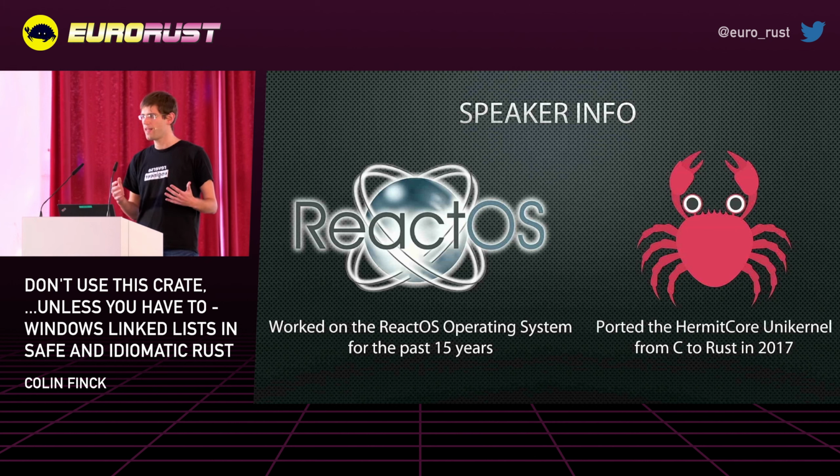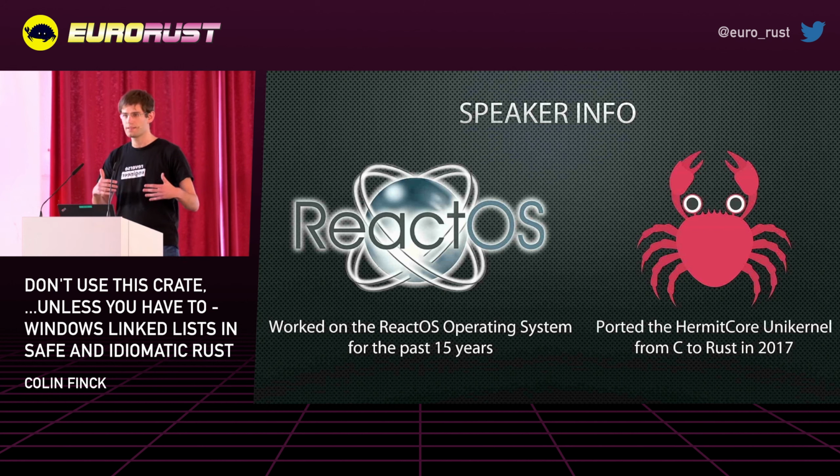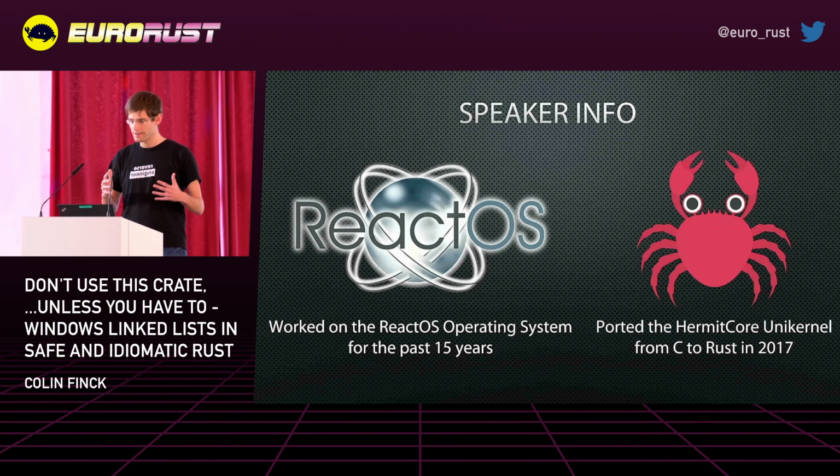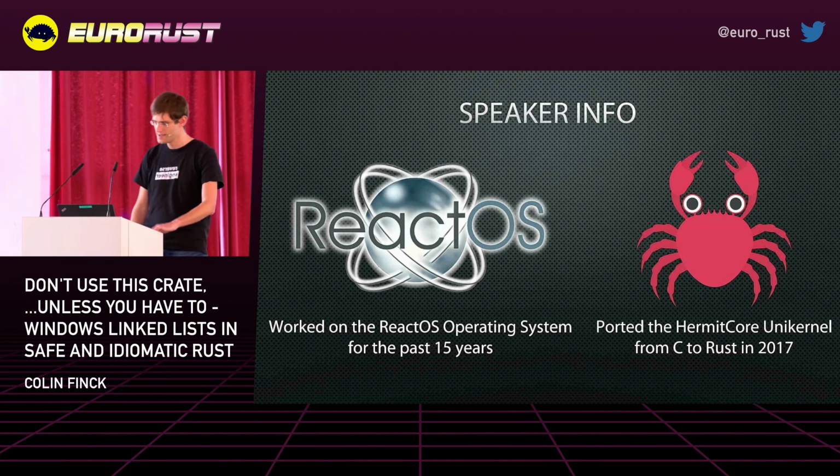And within the 6 months of that project, it wasn't just possible to port the entire kernel, but the result was also better maintainable, easier to read, and it has superseded the C original in the meantime. Actually, the logo you see over here, the crustacean, has already been the logo right from the beginning. So you could say that project was more or less destined to be rewritten in Rust one day.